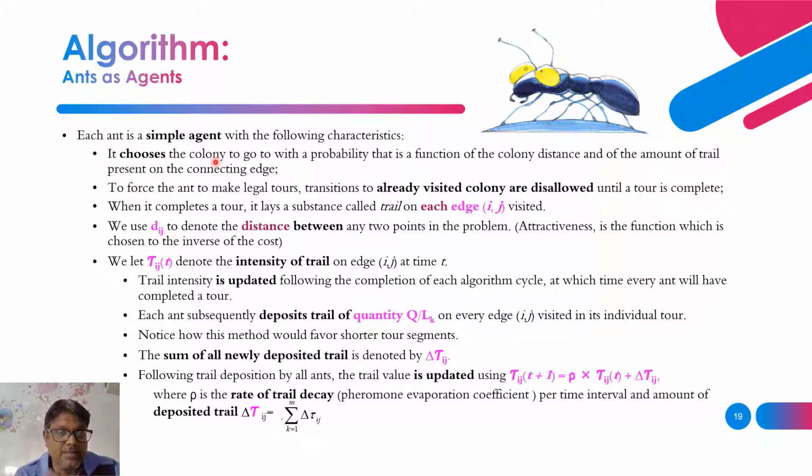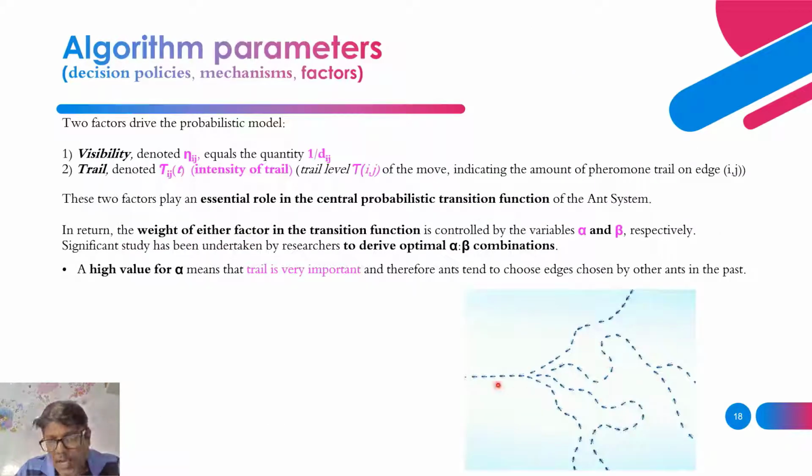And then when it completes a trip, it lays a substance called trial on each edge i,j visited. i,j are the two points, like a nest and a food resource, and that connecting line is the edge. You can see that it need not be a straight line; it may be a different path like this.